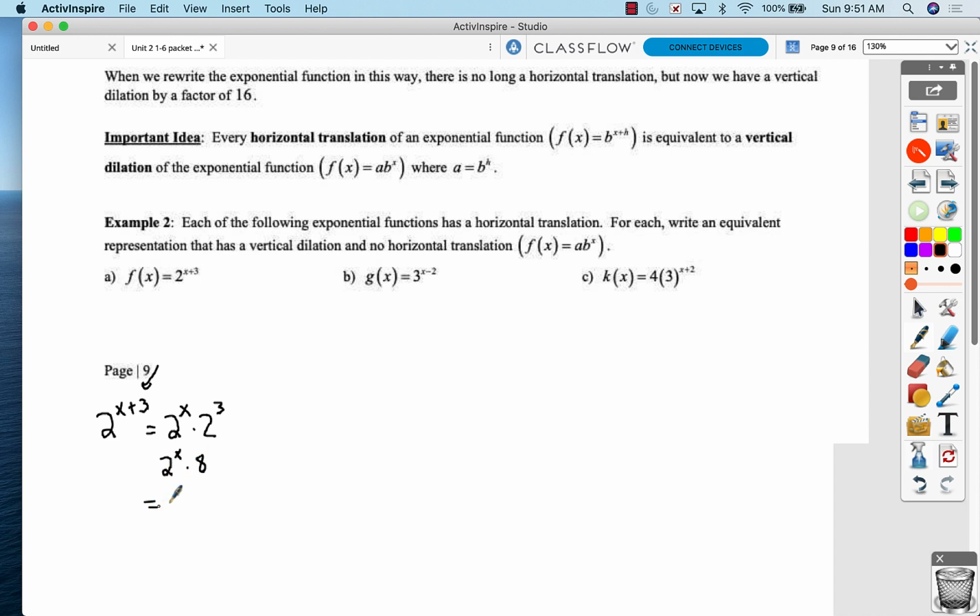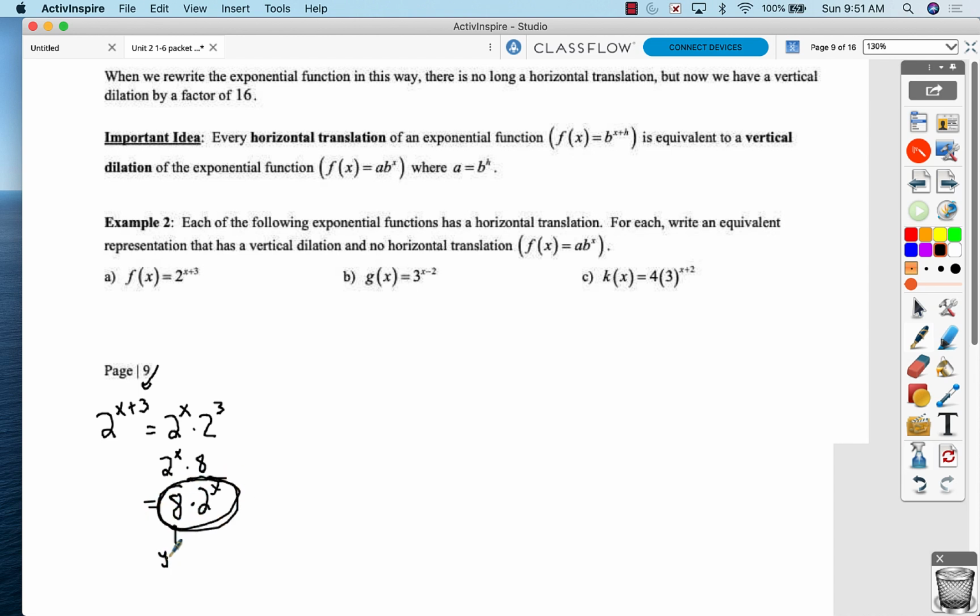Flip-flop these around, and you're left with 8 times 2 to the x. Okay, this is the initial term. So translating it to the left 3 is the same thing as vertical dilation of 8. Yeah, vertical dilation. And you see this is an exponential form.